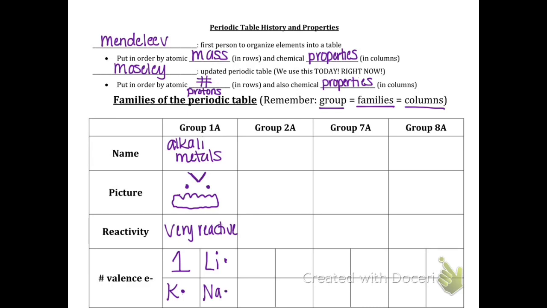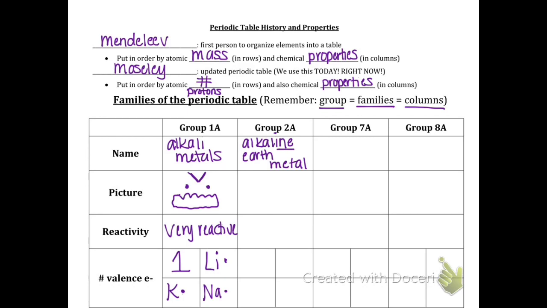The second family we're going to learn is called the alkaline earth metals. Alkaline earth. It's very easy to confuse group 2 with group 1 because they have very similar names. So be very careful that this ends with the -ine in alkaline earth metal.